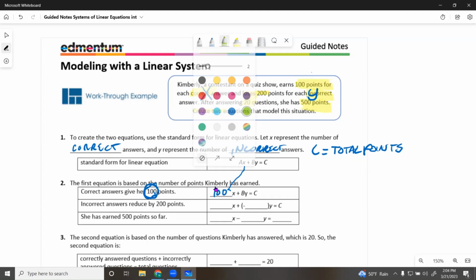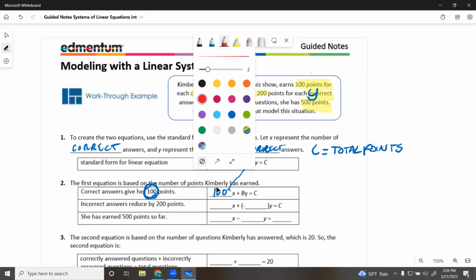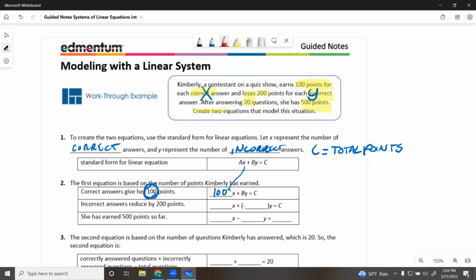I gotta switch this to red because that's the way I did it in my head. Okay, incorrect answers reduce by 200 points. So reduce, or subtract, minus 200. Now this 100 is still there. We didn't change that. So 100x plus negative 200.